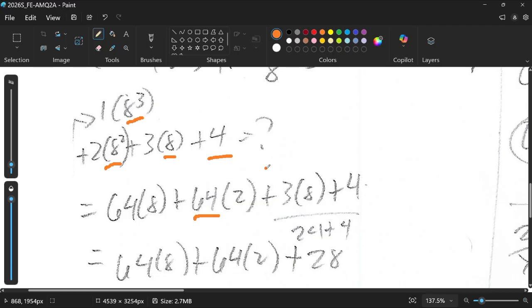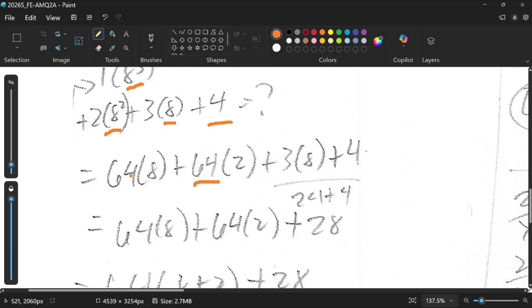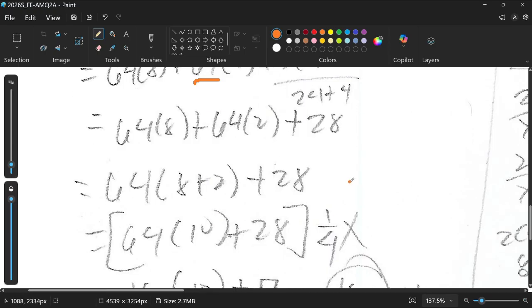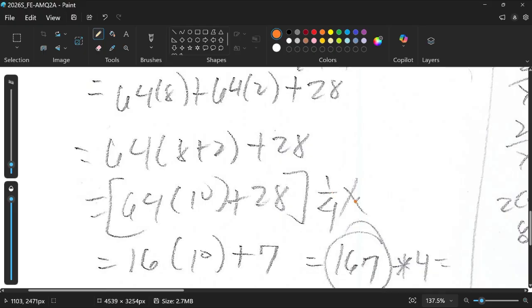Anything raised to 0 is 1. That's why you end up with something like this. And if we just do the math, we'll have the answer somewhere in the range that we are going for.